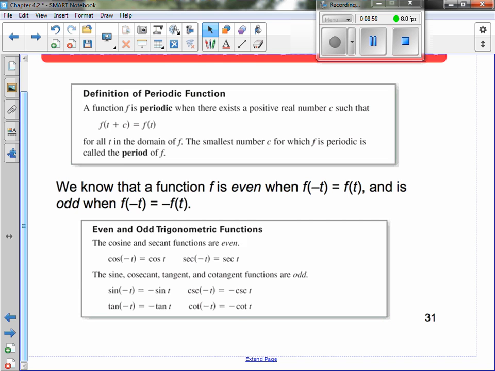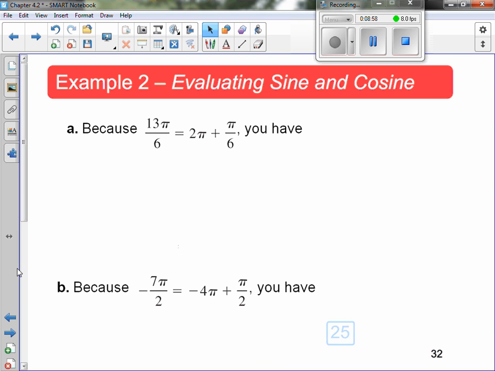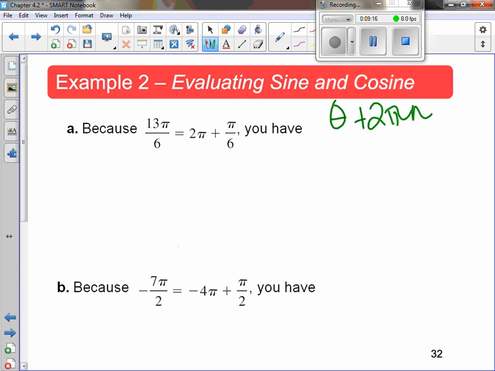And I have an entire reference sheet list for y'all. Now, this is delving into the fact that sine and cosine of theta plus 2 pi n is the same as just theta, so we can find these answers.